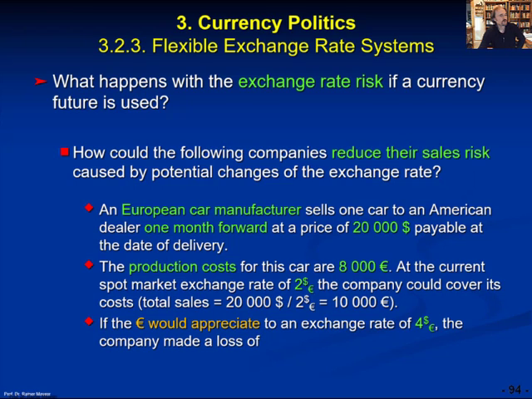If, however, the euro would appreciate to an exchange rate of, let's say, $4 per euro, the company would make a loss of $20,000 over the exchange rate of $4 per euro equals 5,000 euro minus the production costs of 8,000 euro yields a profit of minus 3,000 euro. So this would be the exchange rate risk of this car producer.